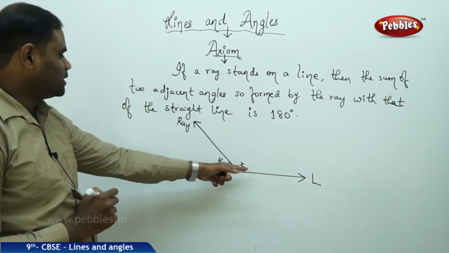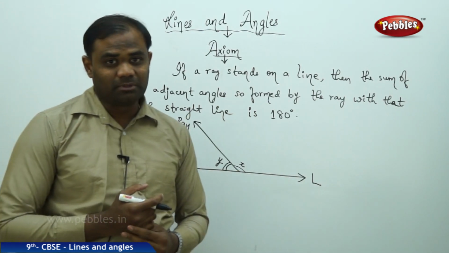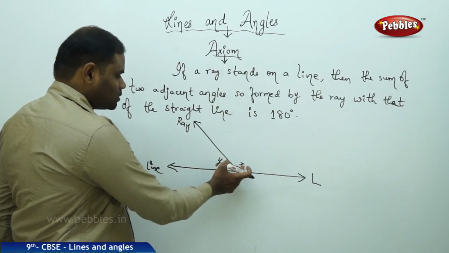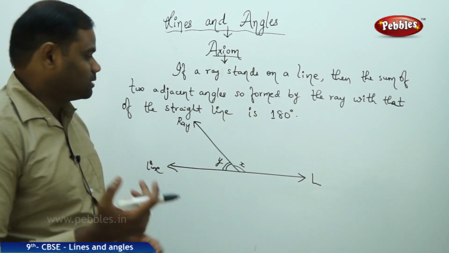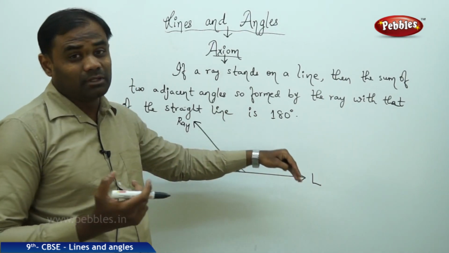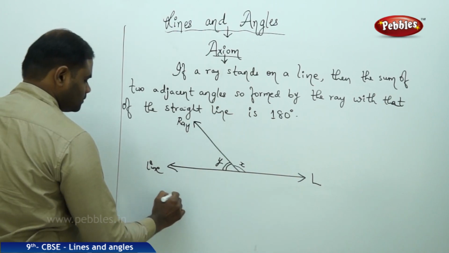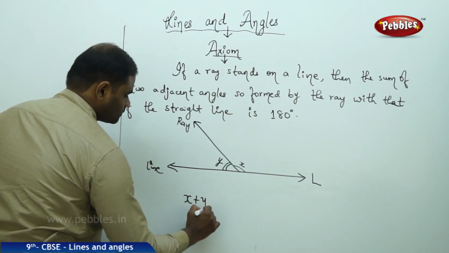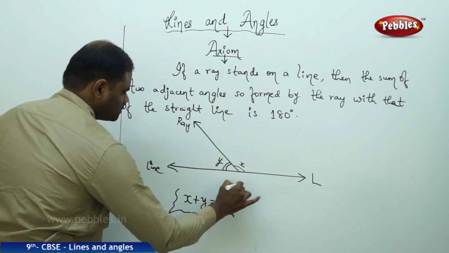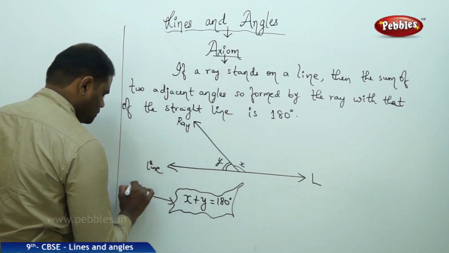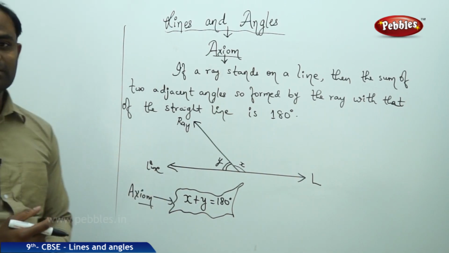So the sum of two adjacent angles so formed by the ray with that of the straight line will always be 180. So these two adjacent angles always form the sum 180. Obviously, because the ray makes with the straight line being 180, the property says x plus y is this. This is how the axiom states.